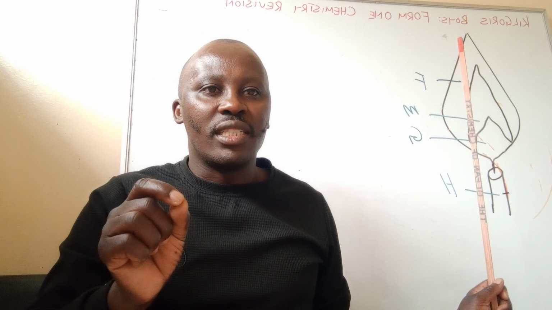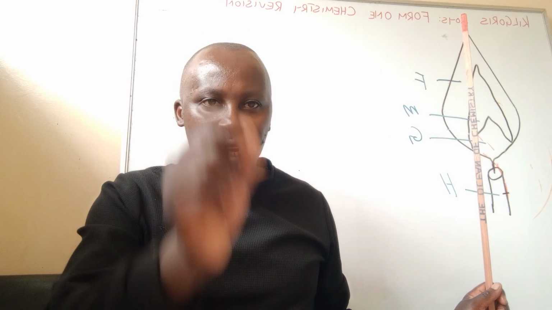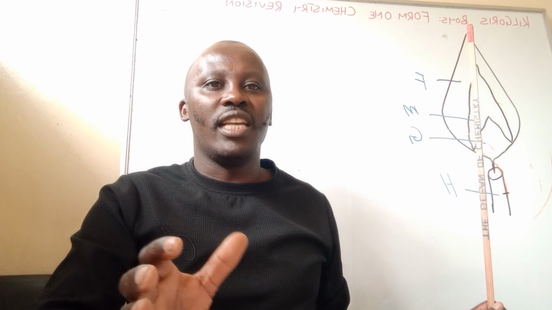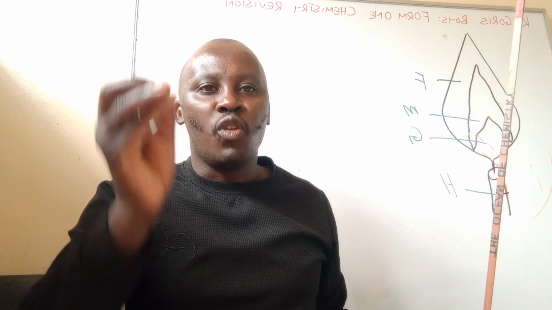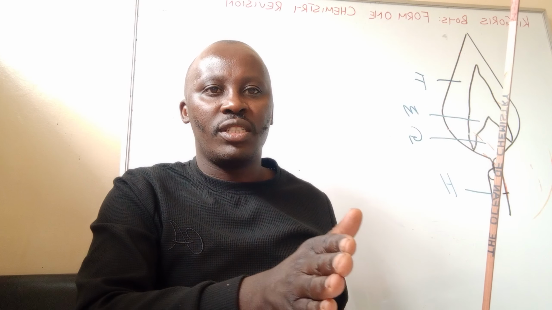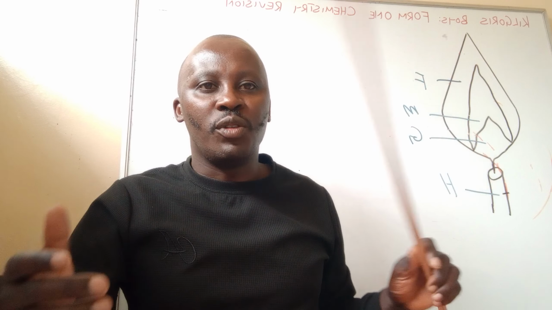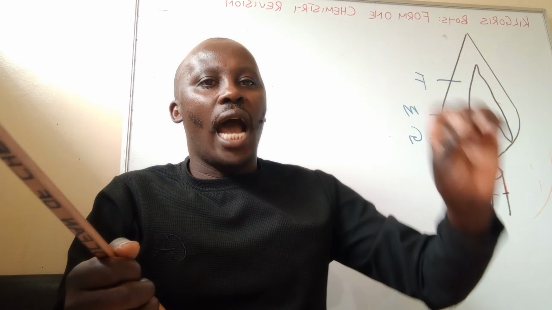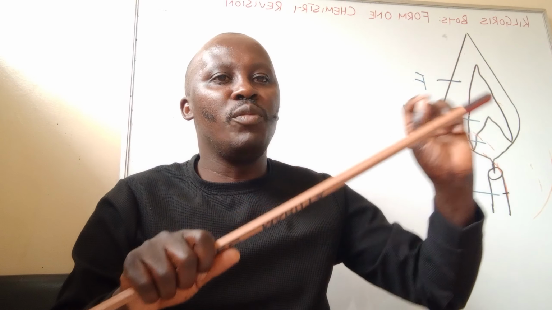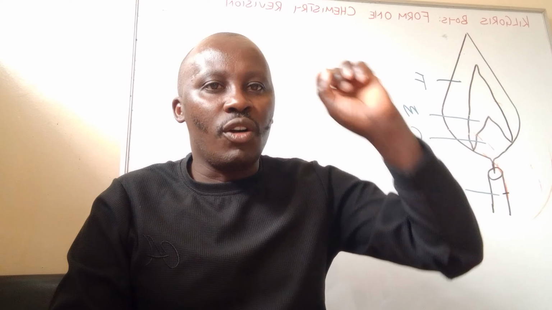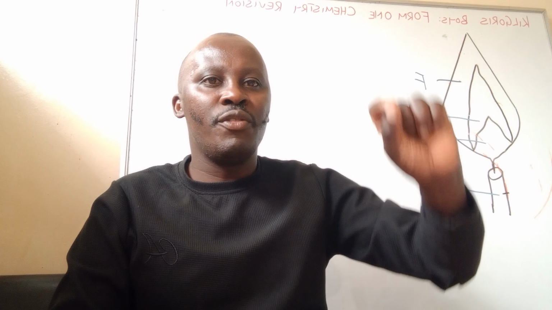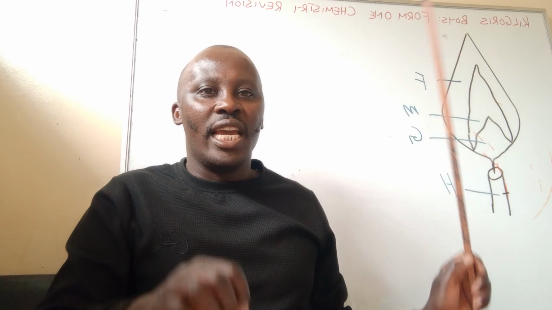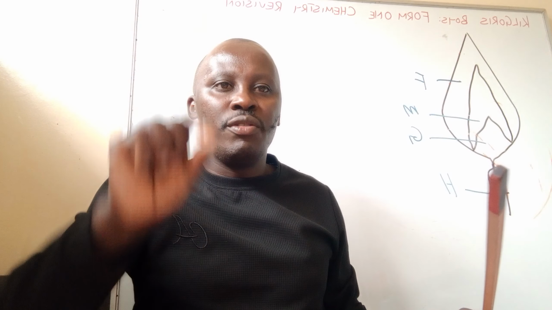A non-luminous flame normally has 3 regions, compared to the luminous flame which has 4 regions. The outermost part of a non-luminous flame is called the pale blue region. This part labeled F is the pale blue region.